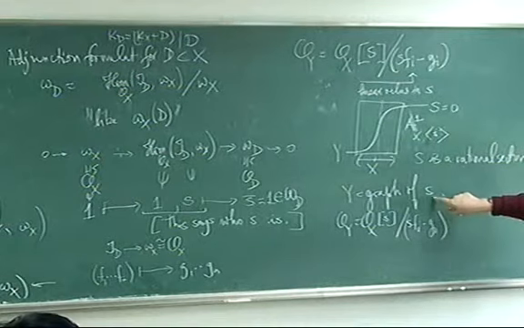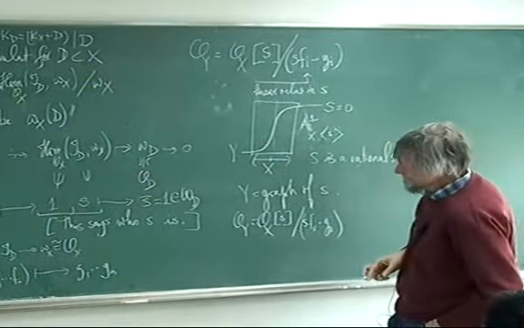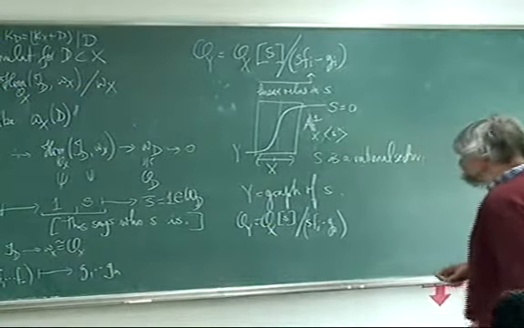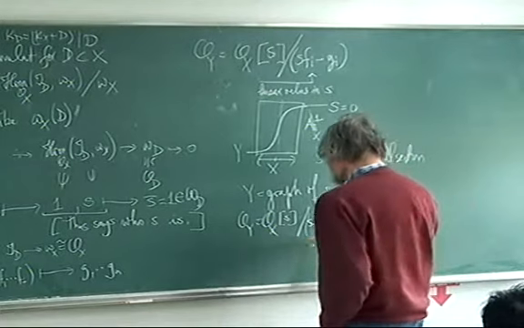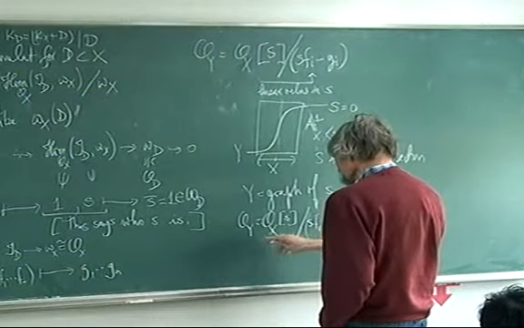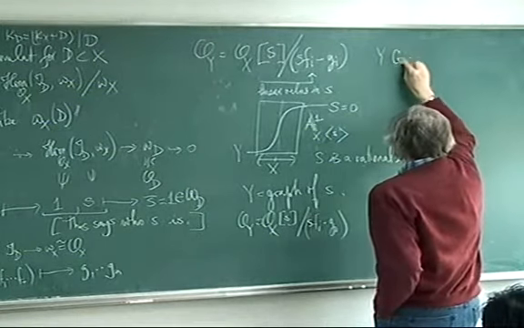So Y is just the graph of this rational function S. And I want to say that X is Gorenstein, and that Y is Gorenstein.